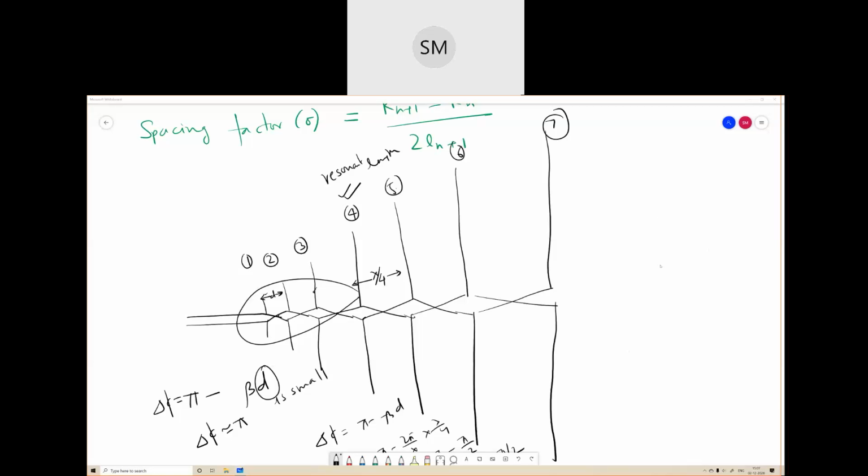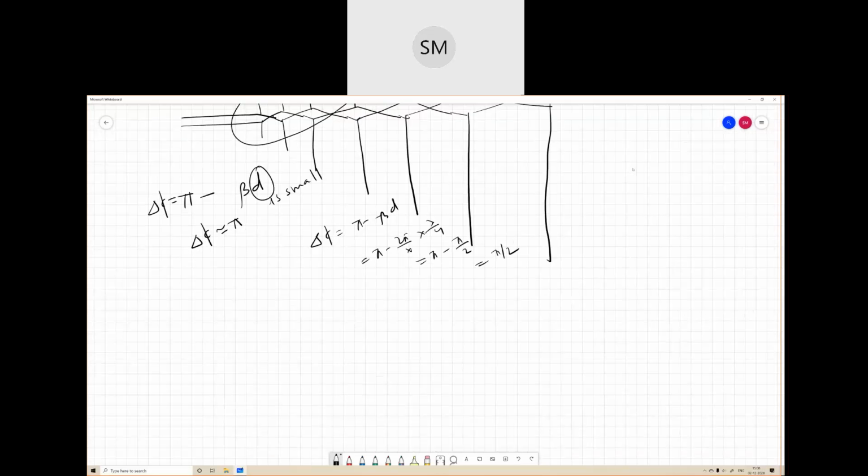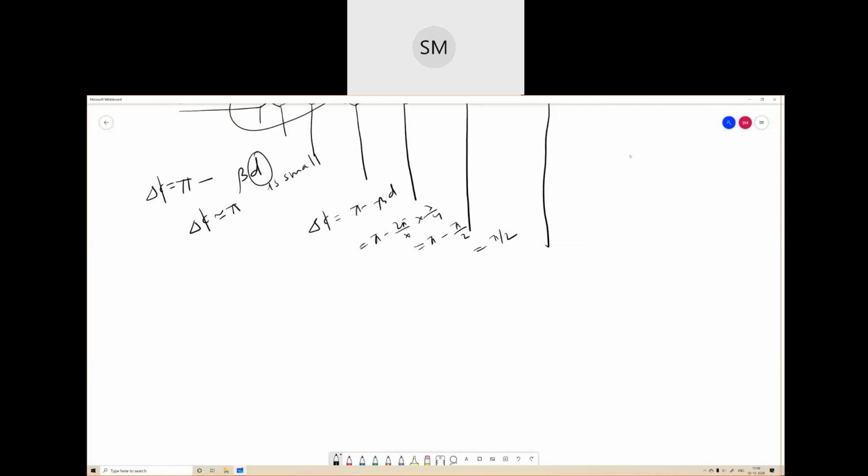So this is the very basics of the antenna. Now the transmission line equivalent of the antenna.